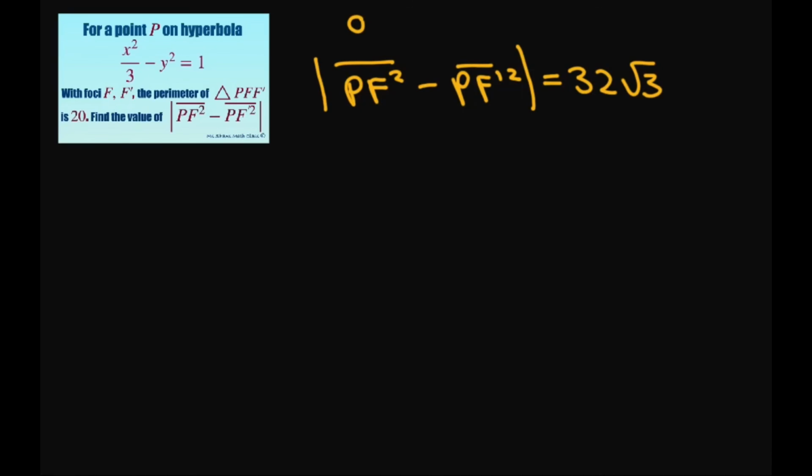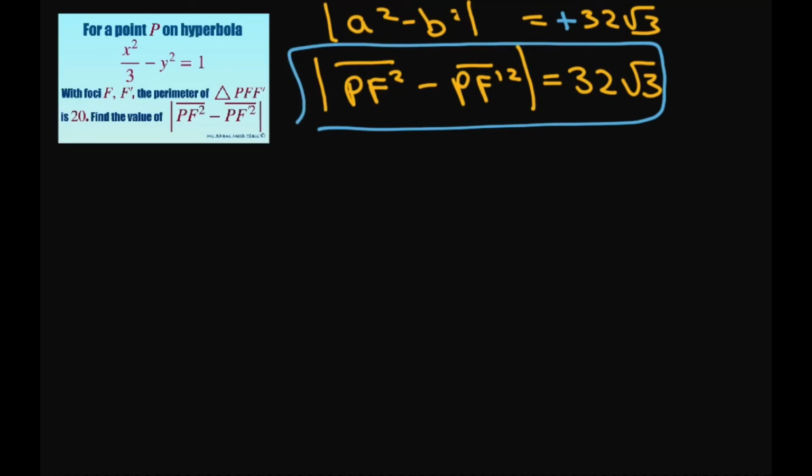Basically, what we got was A squared minus B squared equal to plus or minus 32 square root of 3, and then we took the absolute value, so basically I just took away the negative. So it's just positive now. And that's your final answer.